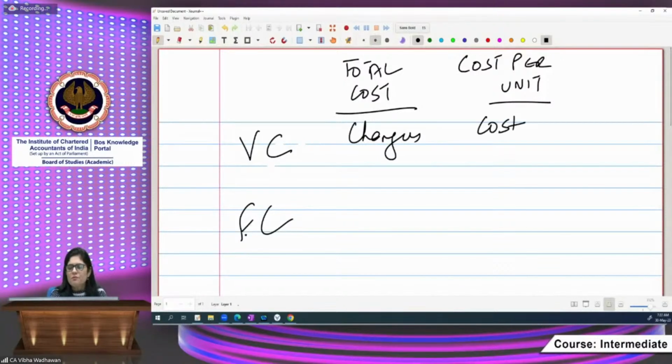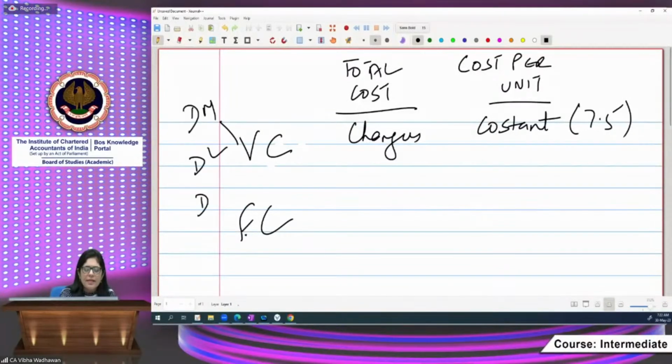But variable cost per unit remains constant. For example, 7.5. You produce whatever units, the per unit variable cost will be 7.5. Variable costs are direct material, direct labor, direct expenses, plus variable overheads. So variable cost per unit will always be constant.